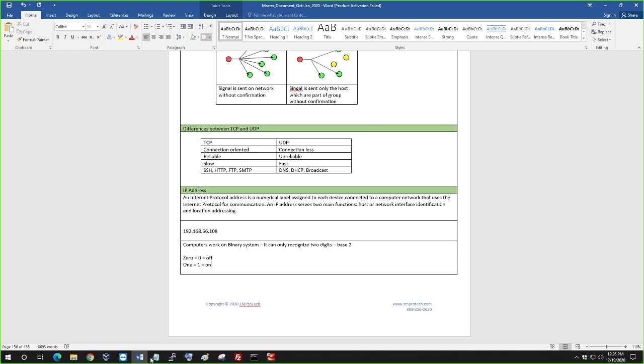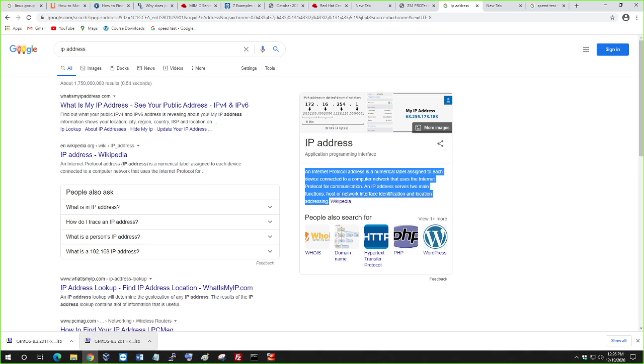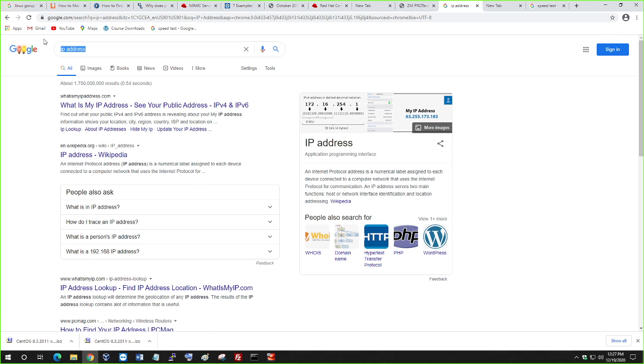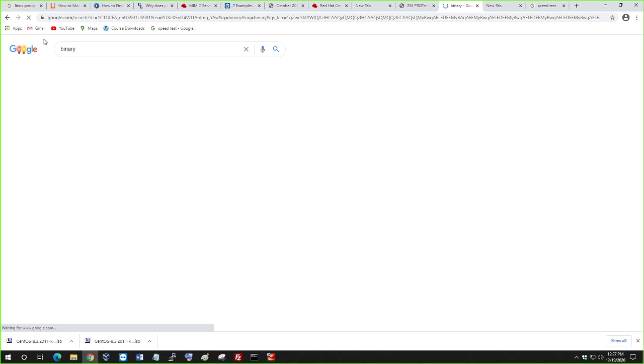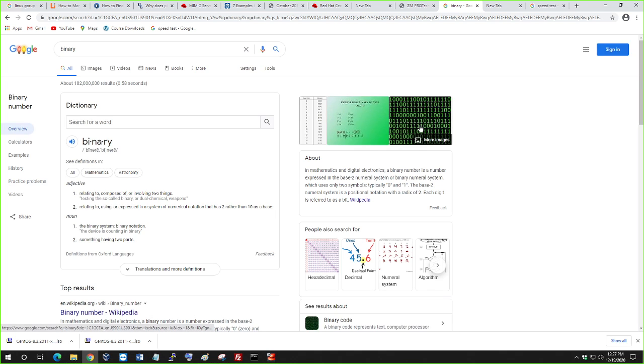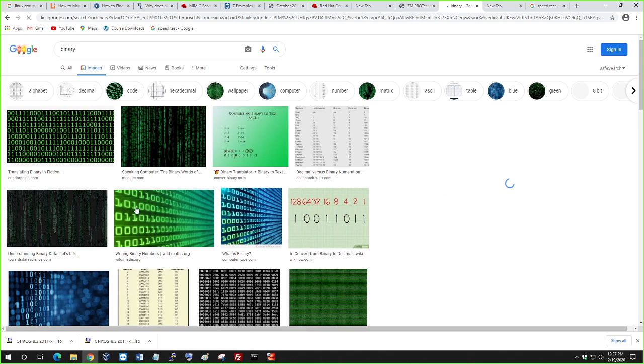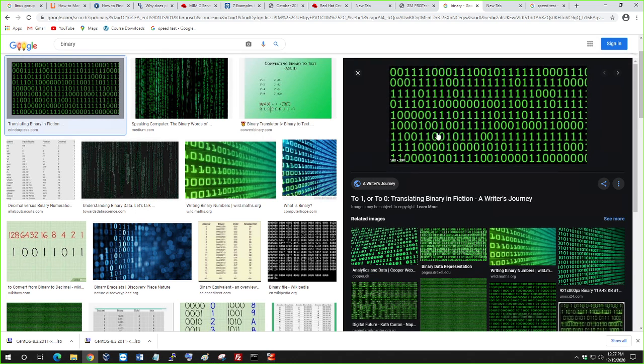Let's take a look at binary. If you look at the picture for binary here, this is exactly what it looks like. This is a binary code.